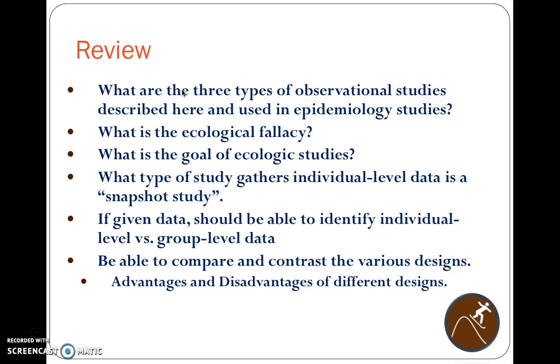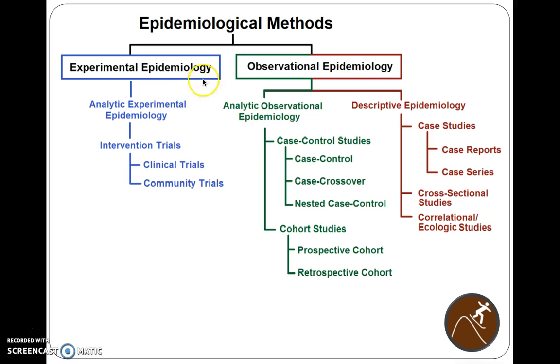Next, if given data, you should be able to identify if it's individual level or group level data. So if you look at a spreadsheet that's got some rows and columns and questions or variable names in there, you should be able to identify if it's ecologic data or some type of individual level data. And it's always good to be familiar with the different designs.